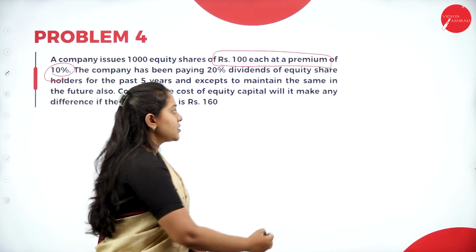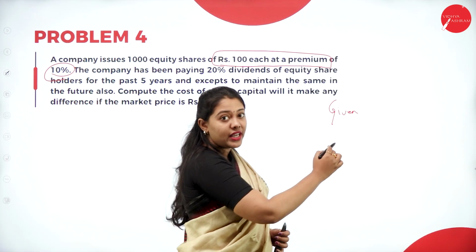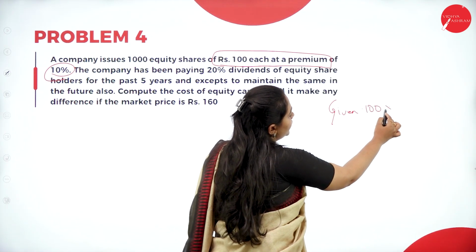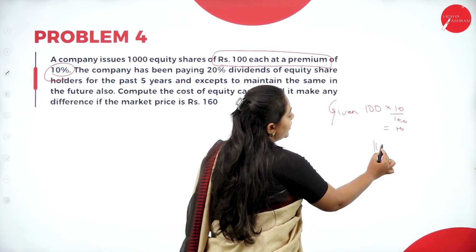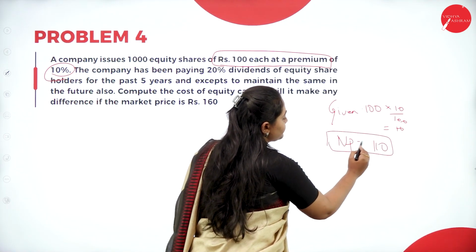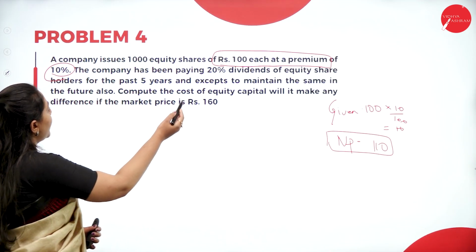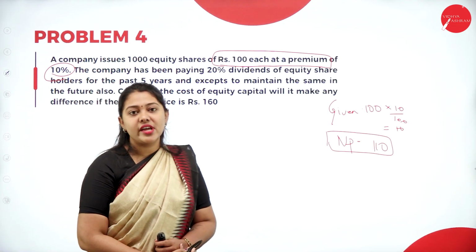So your net proceeds will be what? 100 rupees plus 10% is 10 rupees, so 110 rupees will be your net proceeds. Next, the company has been paying 20% dividend.